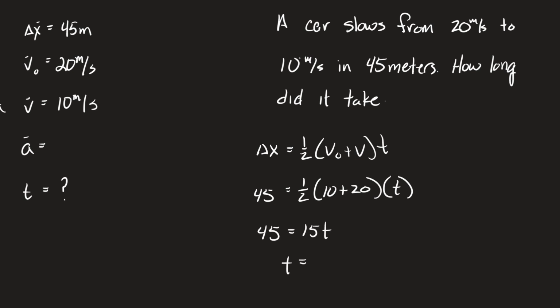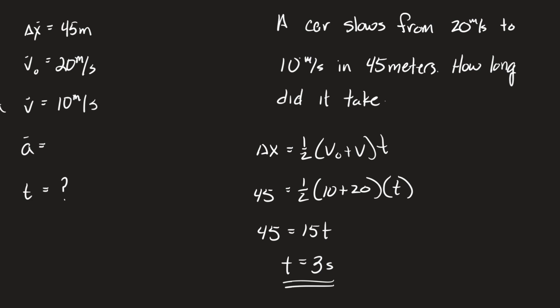So t must equal 45 divided by 15, which is 3 seconds. There's my answer. Not hard. Now, this is a very basic exercise. So your problems can get more difficult, obviously. I try to just show you a simple way that you can start, a place where you can get things rolling and then see if there's enough information to make a solution.